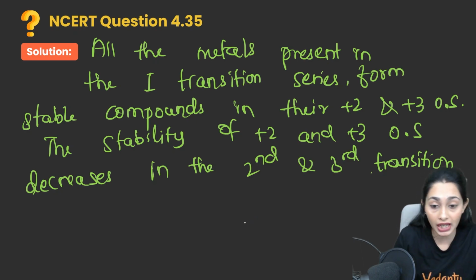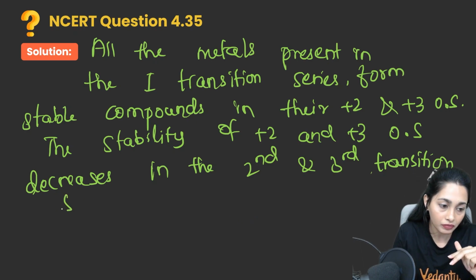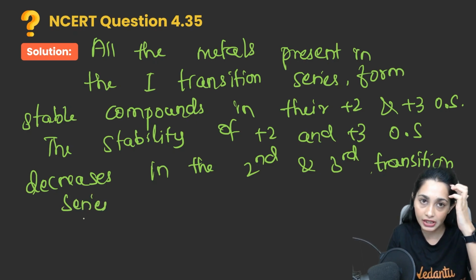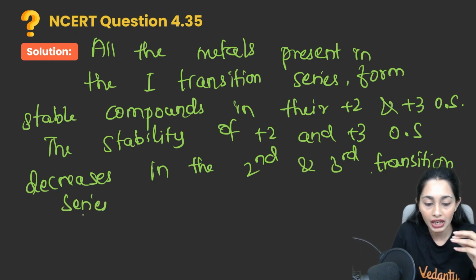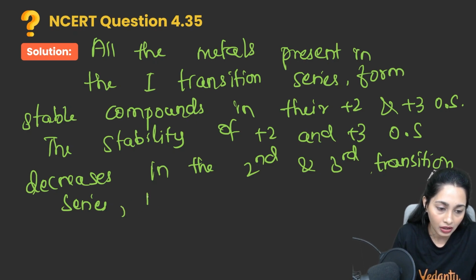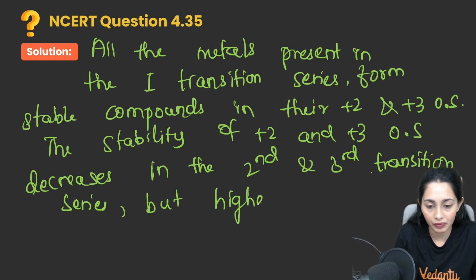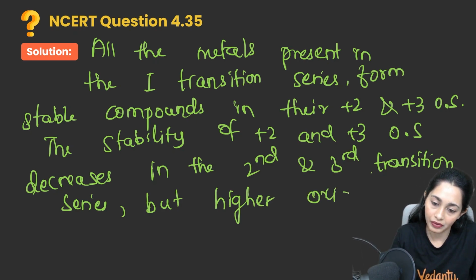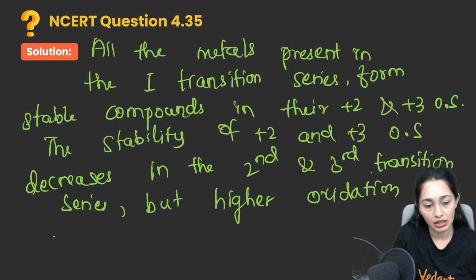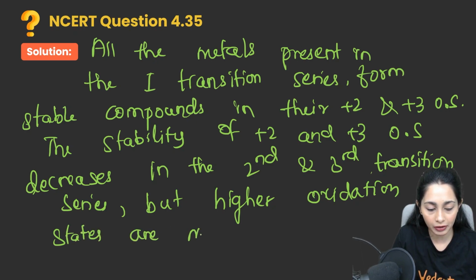But when it comes to the second and third transition series, the stability of +2 and +3 oxidation states is going to decrease. But higher oxidation states are more stable.